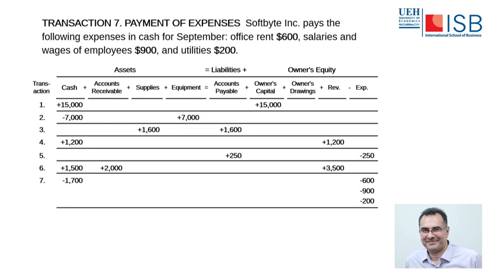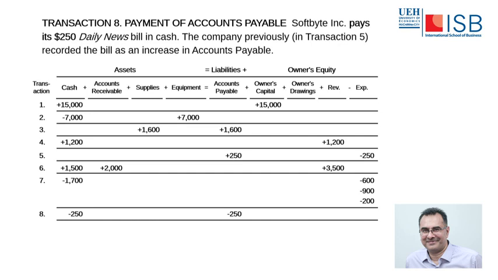Moving on to transaction 8. Transaction 8 incidentally is related to transaction number 5, where now I have to pay my advertisers $250. So I will reduce my cash by $250 and reduce my liabilities on the right hand side by $250, and it keeps my equation in balance.